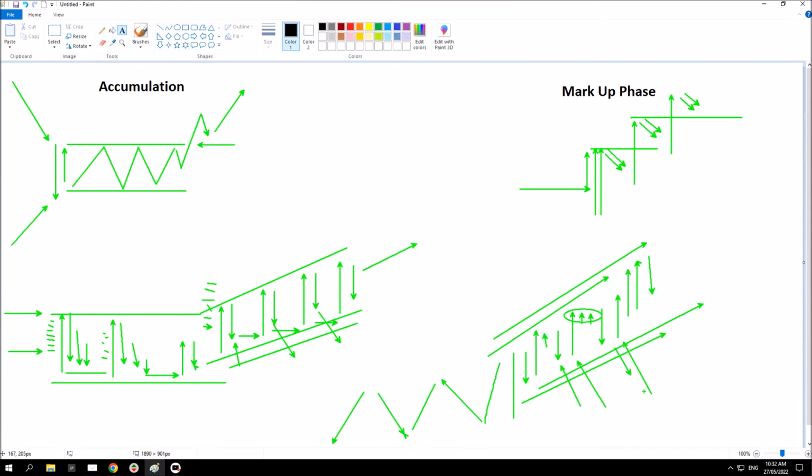This is during a markup period or a markup phase. It's not as clear cut as you might see with active traders involved, but when you do see it, especially on a weekly chart, it's a fairly strong indication of underlying positive sentiment in the market.